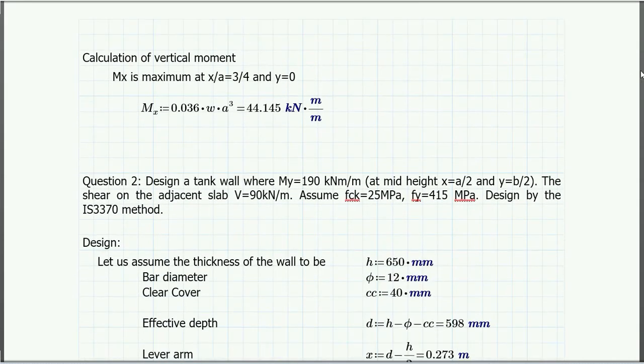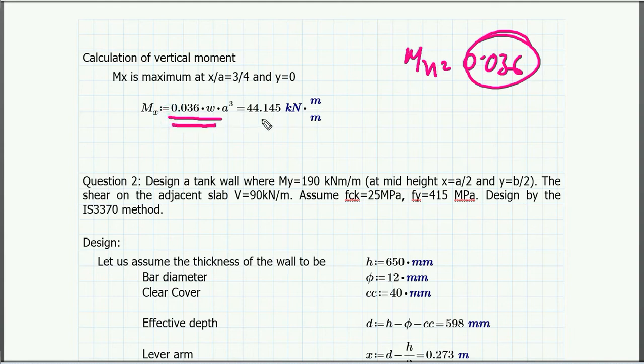And for the calculation of the vertical moment, I have already shown you that the maximum Mx value is 0.036. So from the table, into W a cube, you can find the value as 44.145 kilonewton meter per meter. This is the maximum vertical moment.